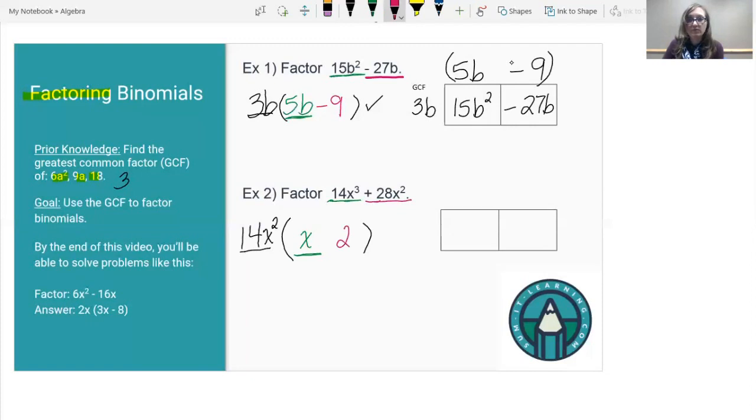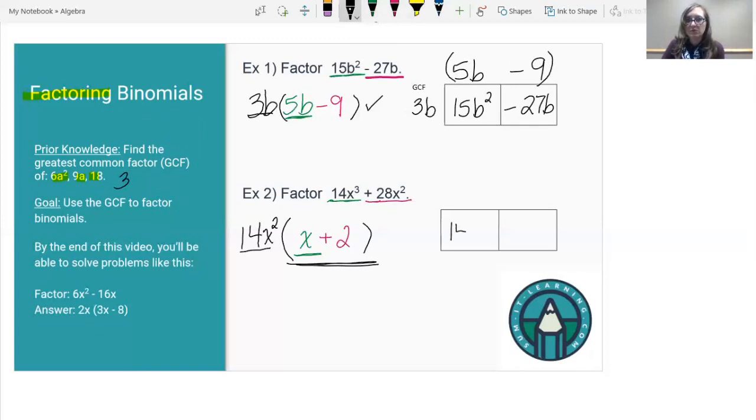And I already have my x squared, so that's all we're going to have in parentheses, just x plus 2. And again, that's our final answer. One way to know that you're finished is that there are no common factors with whatever you're left with. If we had ended up with 4x plus 2, then we'd be able to still factor it a little bit further. So let's take a look at what that would look like in the boxes.